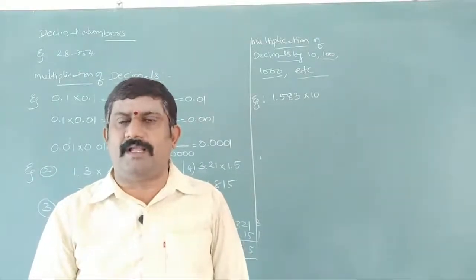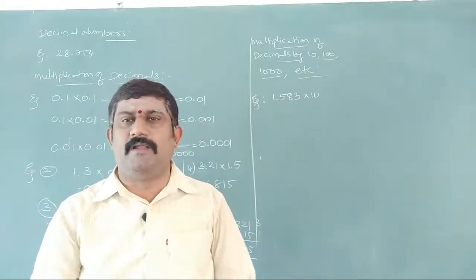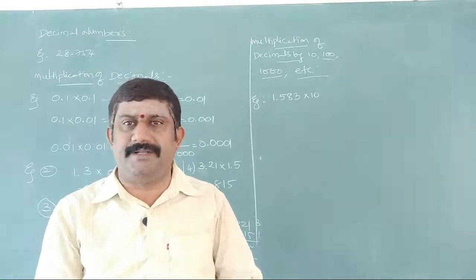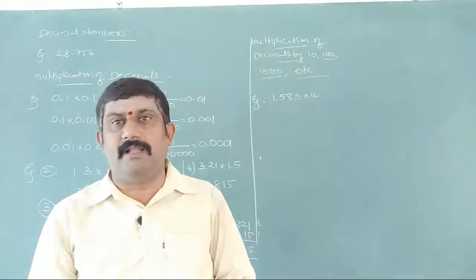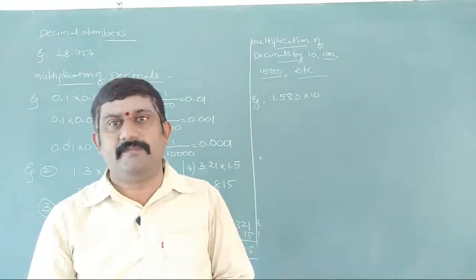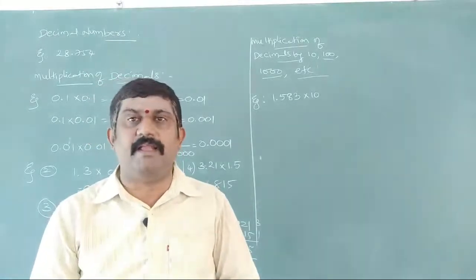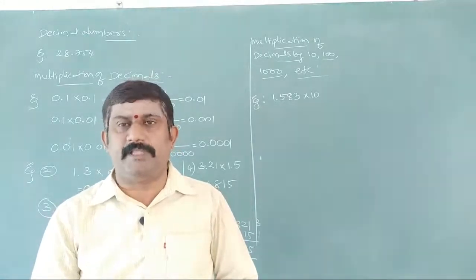1.5 into 10, how much is it going to be? 1.5 doubles: 3, and again 6, 9, 12, 15. Or else simply we can say 1.5 into 10 is nothing but 15.